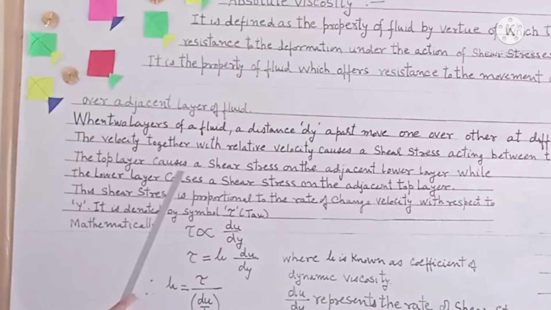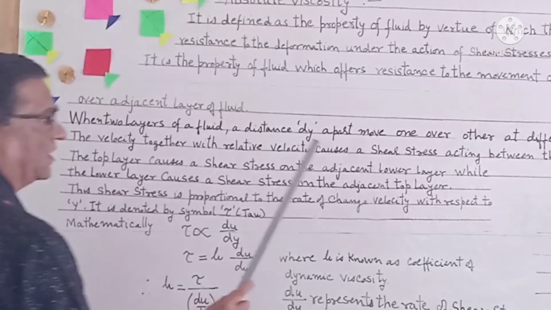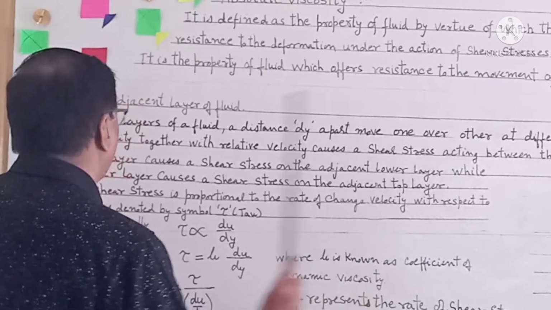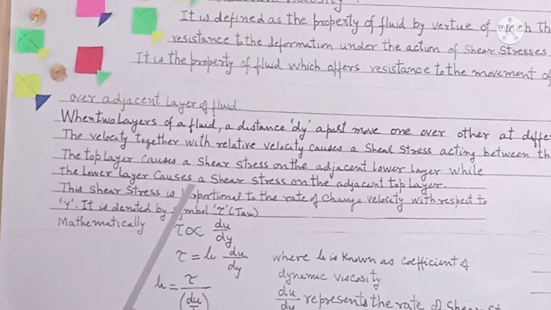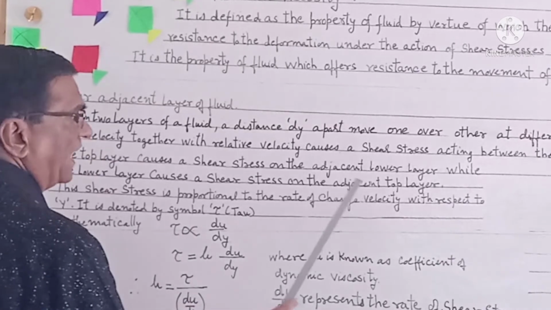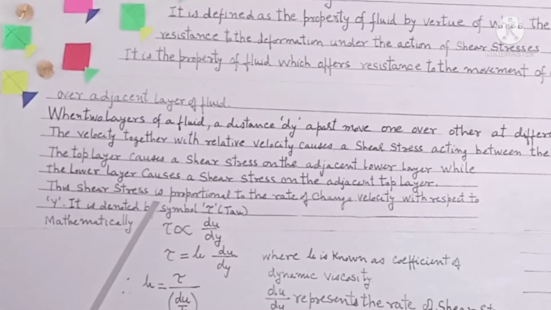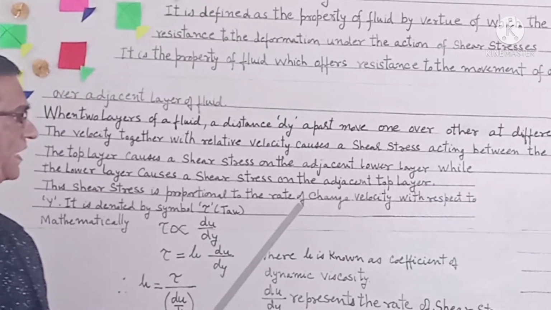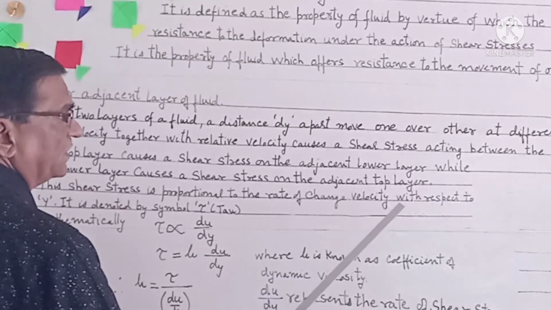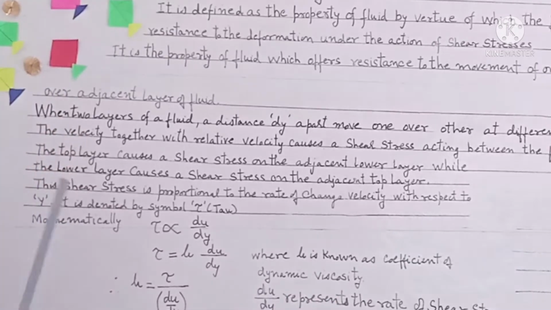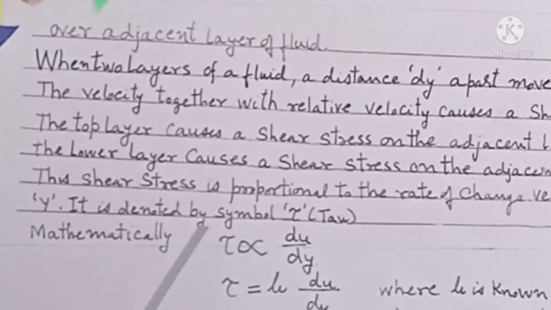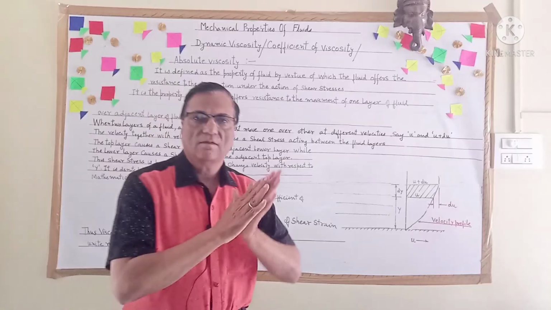The top layer causes a shear stress on the adjacent lower layer, while the lower layer causes a shear stress on the adjacent top layer. This shear stress is proportional to the rate of change of velocity with respect to y. It is denoted by the symbol tau.